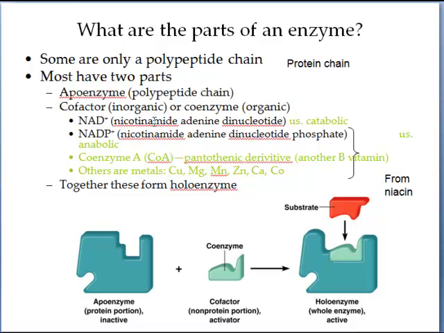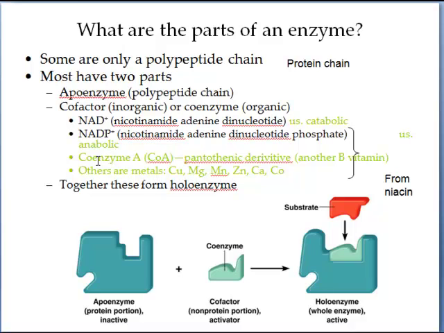This is the name of a coenzyme which is usually present in the electron transport chain. Nicotinamide adenine dinucleotide phosphate is another coenzyme, and they're all present in these metabolic reactions. NAD is used up in catabolic reactions, and NADP would be in anabolic processes.